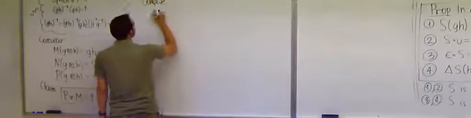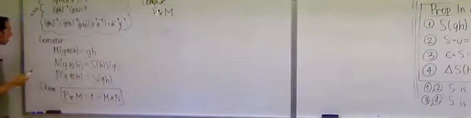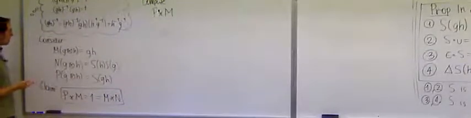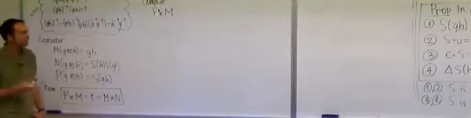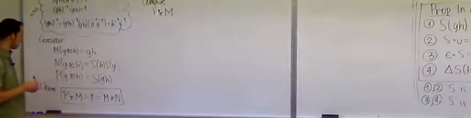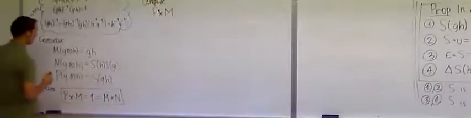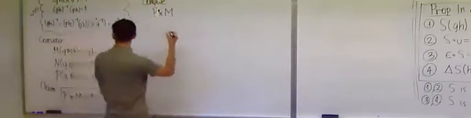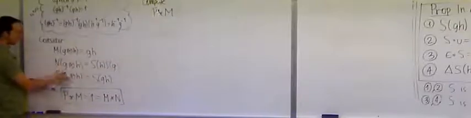Let's compute P star M. Now, first of all, what is even the input of P star M? Where does P star M live? P and M. So you see, the input of P and of M is tensors.